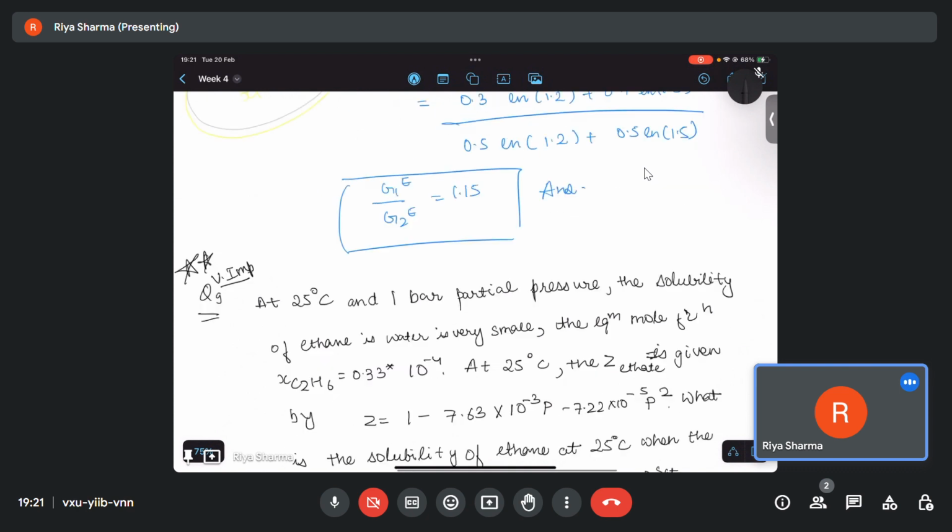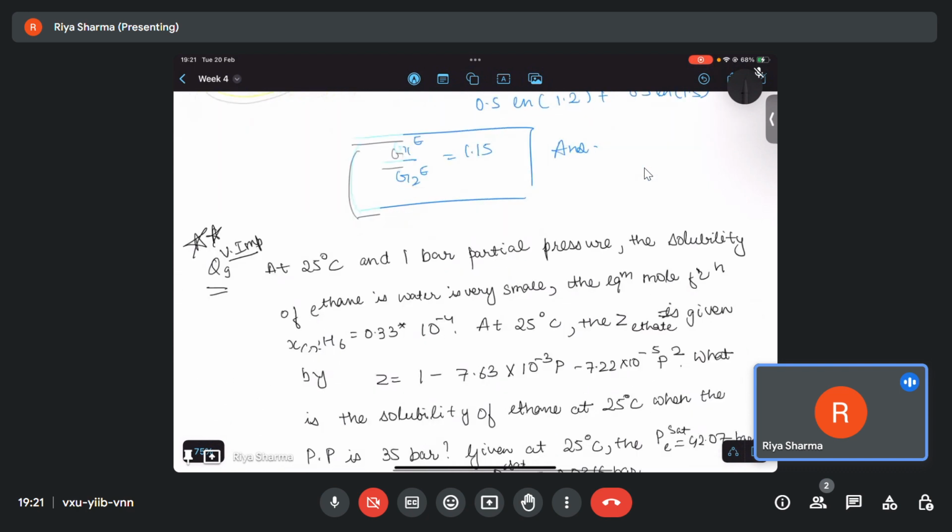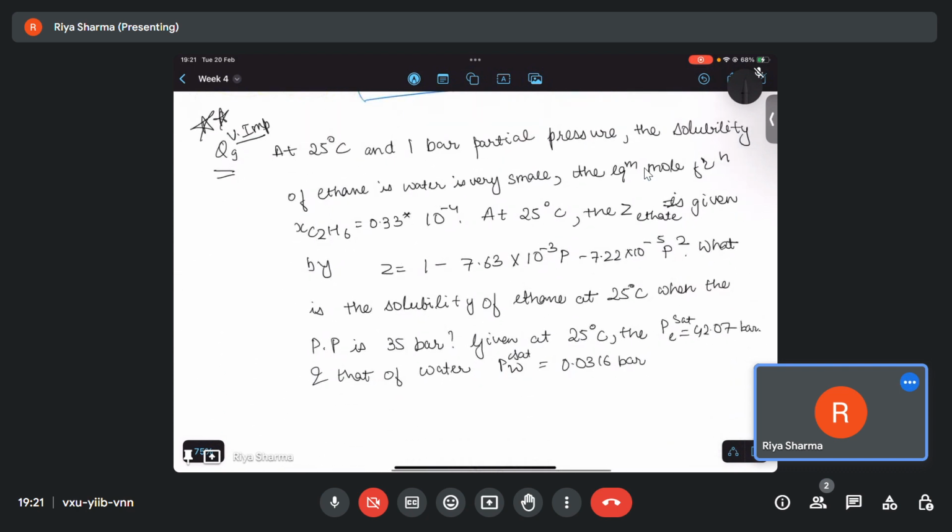I hope you are done with this question and we can move to this question. At 25 degrees Celsius and 1 bar partial pressure, the solubility of ethane in water is very small. The equilibrium mole fraction is given this.